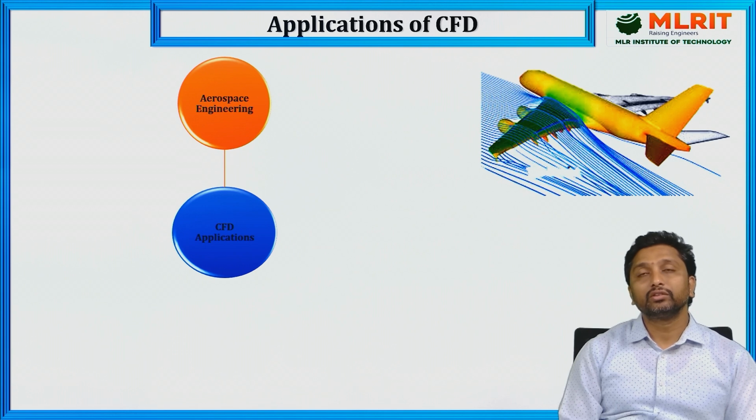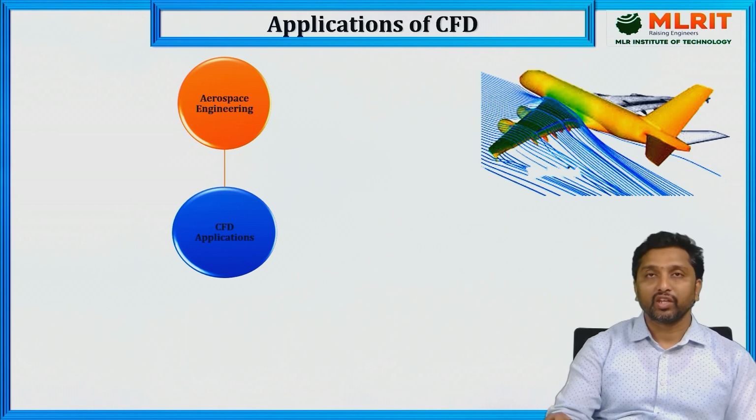Then we can consider the flow inside the engines like compressor flow, turbine flow. So it has everything related with the aerospace. Anywhere flow is involved, CFD is going to be a primary player or plays a key role in development of such designs.